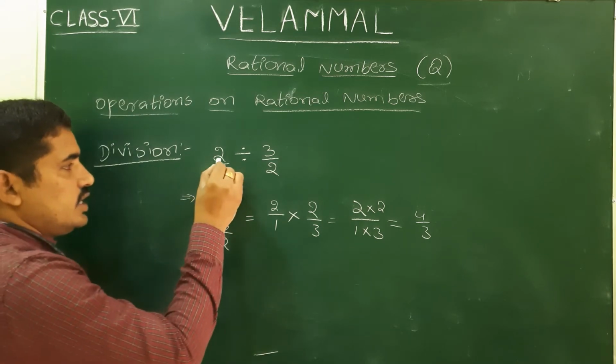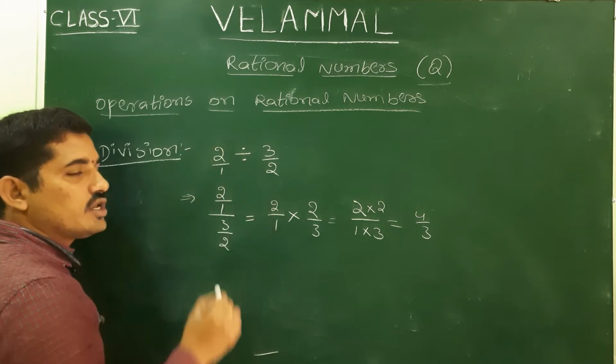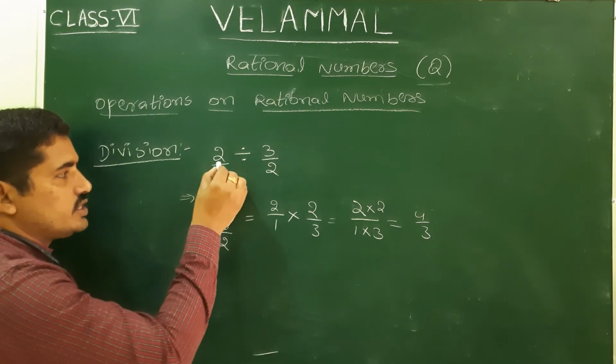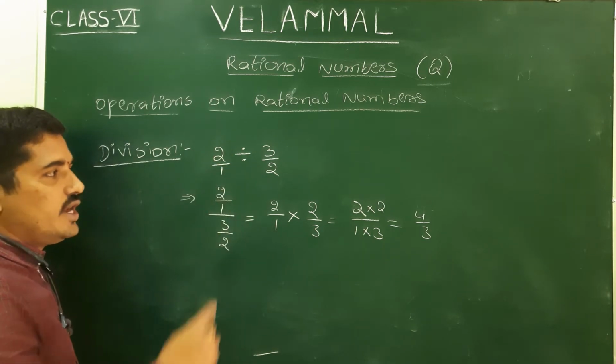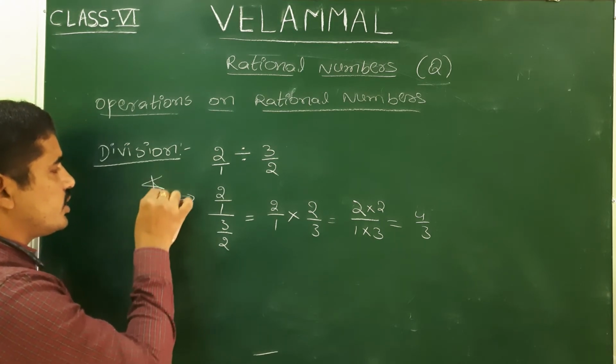Understand? If only one direct rational number, that is an integer, is given in the numerator, then we write the numerator as 2 by 1, and then we can simplify. It is a very important procedure, you need to remember.